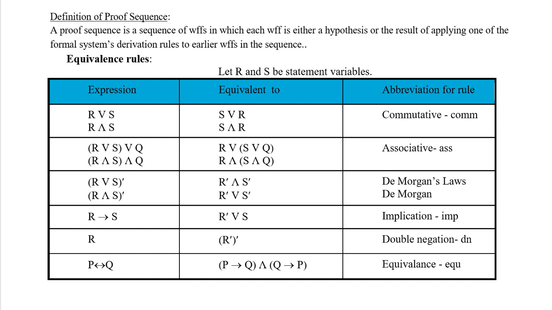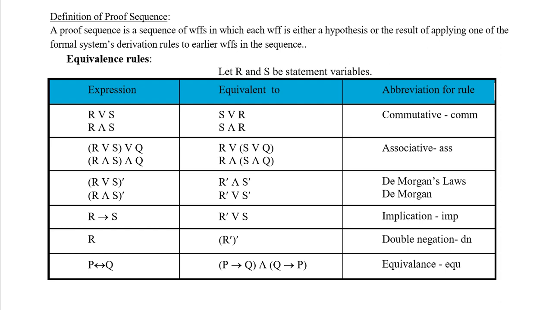So, proof sequence. What do we have? A proof sequence is a sequence of well-formed formulas in which each well-formed formula is either a hypothesis or a result of applying one of the formal system's derivation rules to earlier well-formed formulas in the sequence. We have two types of rules: equivalence and inference rules.